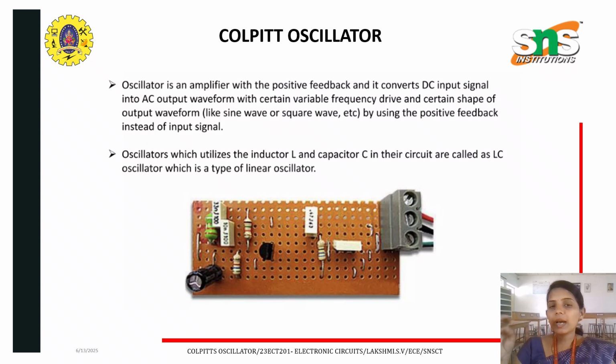If the feedback part consists of L and C components, we call it an LC oscillator, and Colpitts is a type of LC oscillator. There are three types of LC oscillators: Colpitts, Hartley, and Clapp oscillator. Let us discuss the Colpitts oscillator in detail. It makes use of the inductance and the capacitance as the LC circuit in its feedback part.